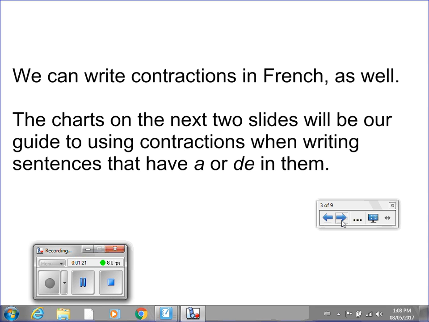And so what you're going to do is fill out the 2 charts on your worksheet using the next 2 slides as a guide. What I would like you to do as I move through the next 2 slides is put the video on pause when I tell you to, so that you can either take a picture of the screen or quickly copy down the chart that you see on a piece of paper.